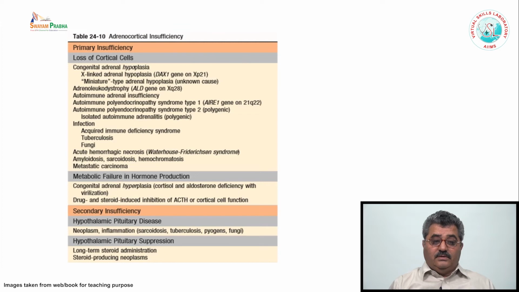There may be congenital adrenal hyperplasia, metabolic failure of hormone production, some infiltrative diseases, for example, amyloidosis, sarcoidosis, hemochromatosis. In all these conditions, there is infiltration of the adrenal cortex and there is hypofunctioning. A very important cause in older age is metastasis, especially from the lungs, which is usually bilateral.